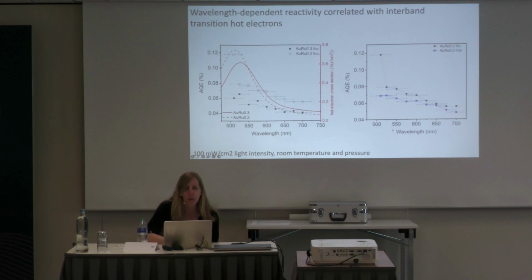You can see that the quantum yields are pretty low, less than 1%. But I think it's pretty encouraging to think about how we can optimize this process to have more sustainable ammonia production for fertilizers by using some of these illumination properties.